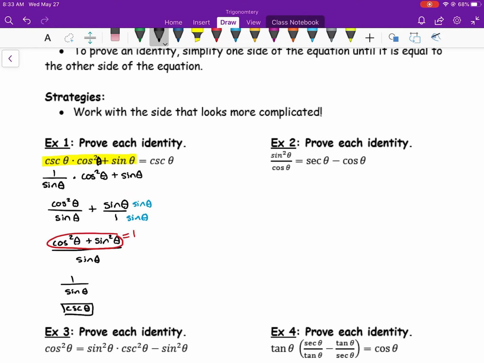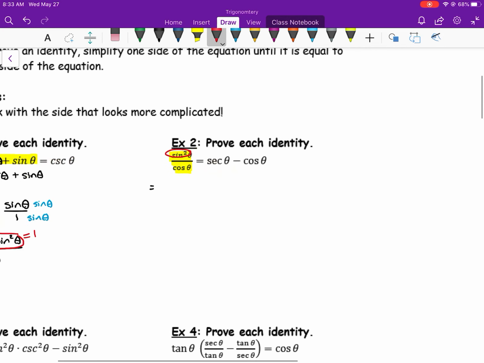Example 2, we have sine squared of theta divided by cosine theta is equal to secant theta minus cosine theta. So this left-hand side looks more complicated, so we'll work with that. I'm going to look at this top here, and I see sine squared, so I think of my Pythagorean identity.